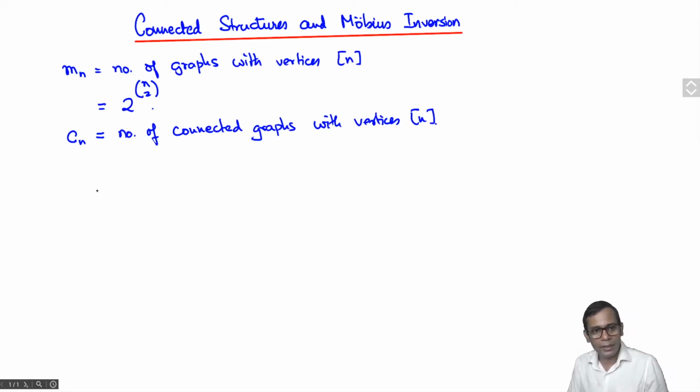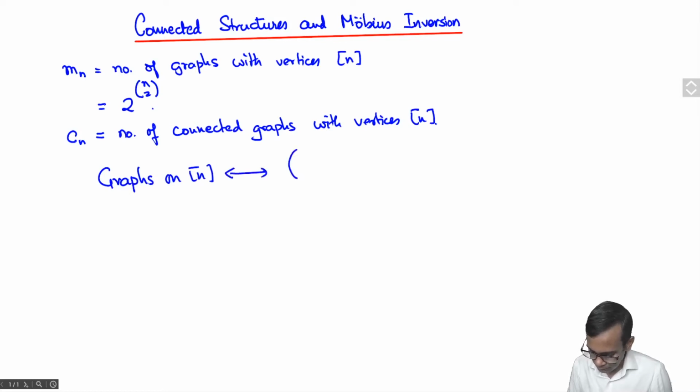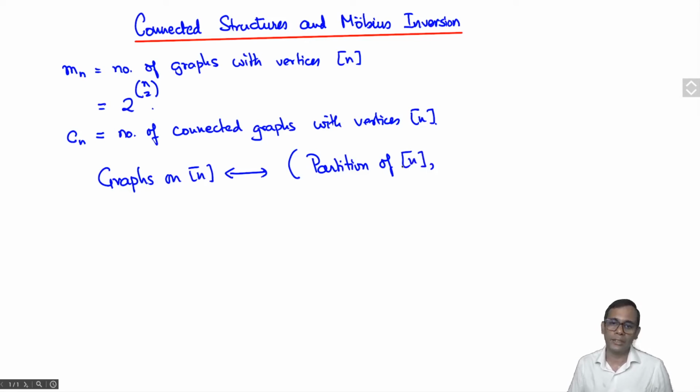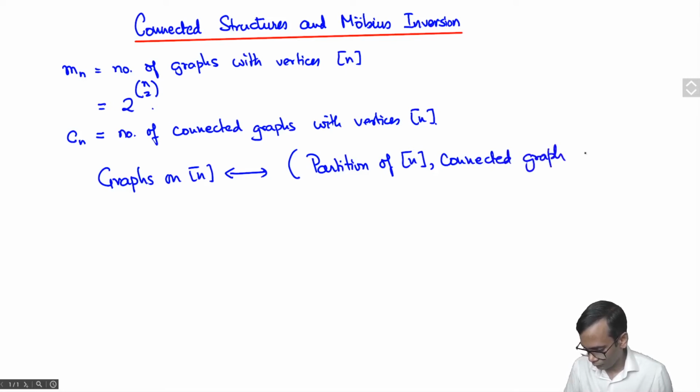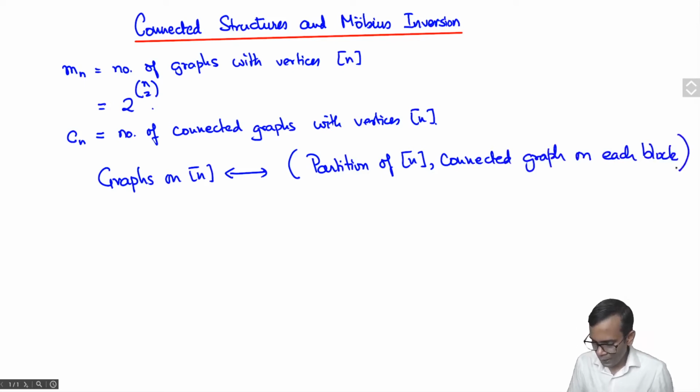Every graph is uniquely a disjoint union of its connected components. So graph structures on n are in bijection with, firstly, a set partition of n, and then you put a connected graph structure on each block of the partition. And this is a bijection.